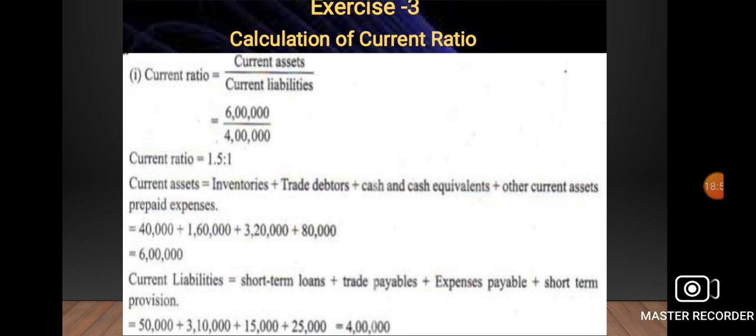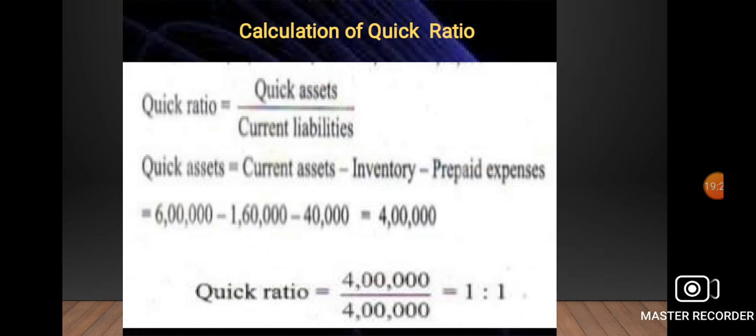Totally rupees 6 lakh. Then current liabilities means short term borrowings plus trade payables plus expenses payable plus short term provision. Short term borrowing rupees 50,000 plus trade payable 3,10,000 plus expenses payable rupees 15,000 plus short term provision rupees 25,000. Totally rupees 4 lakh.